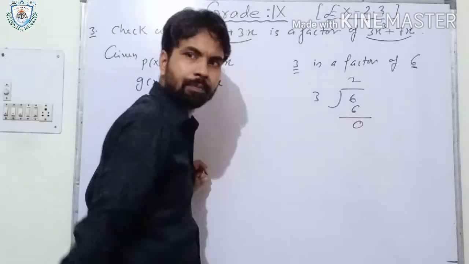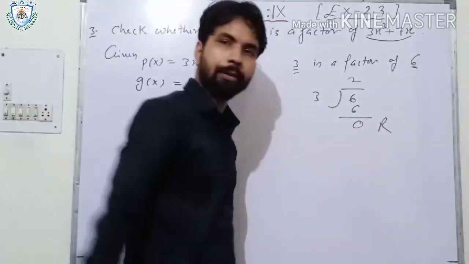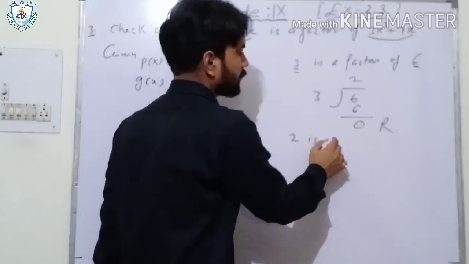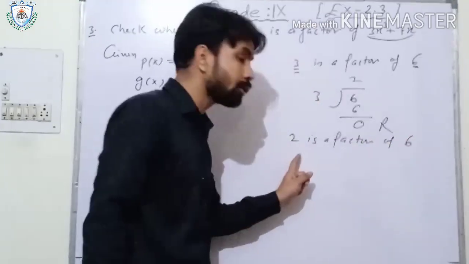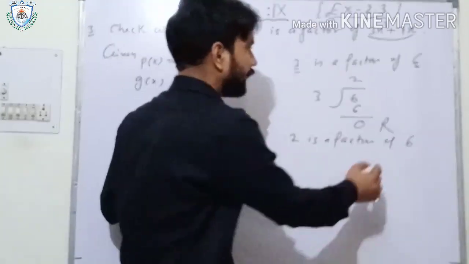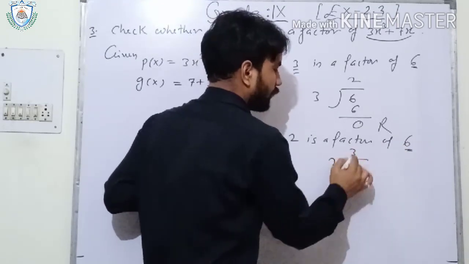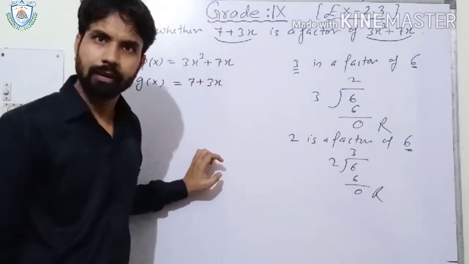What is the remainder? 0. So here the remainder is 0. We all know that 2 is also a factor of 6. So if we divide 6 by 2, then 2 3s are 6. Again, the remainder is 0. Clear?